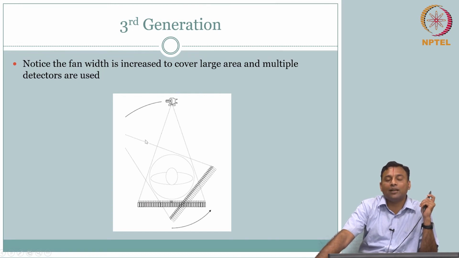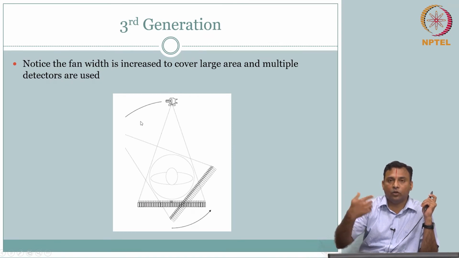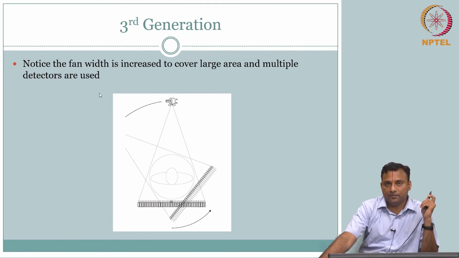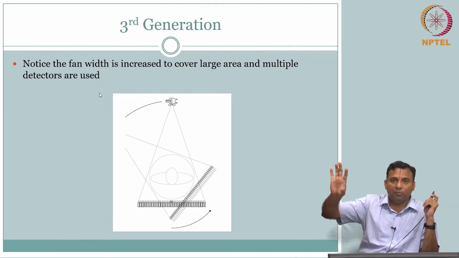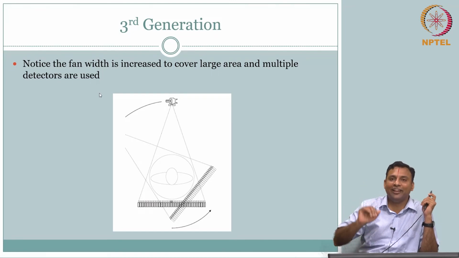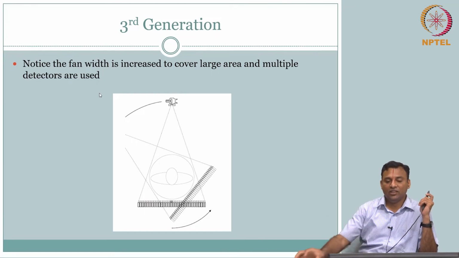So I don't need to do translation. I will just worry about doing rotation. So I could significantly reduce the time even further, to the order of seconds for data acquisition. The recon part we will come to. This is just recording the data.